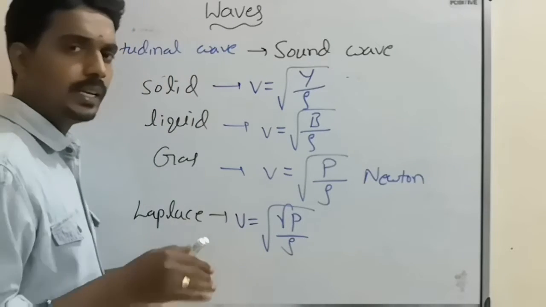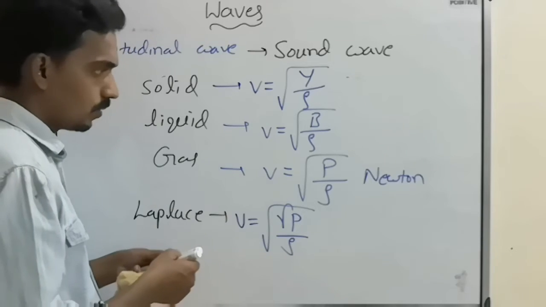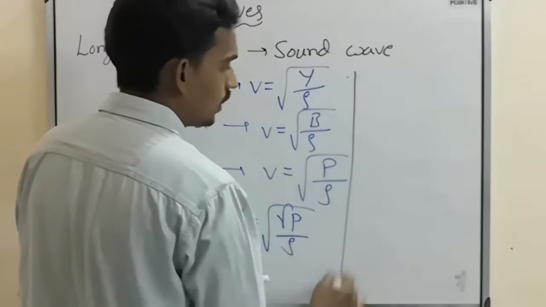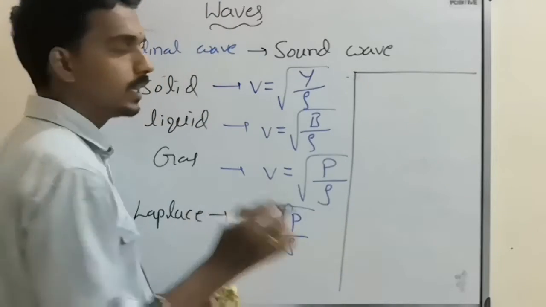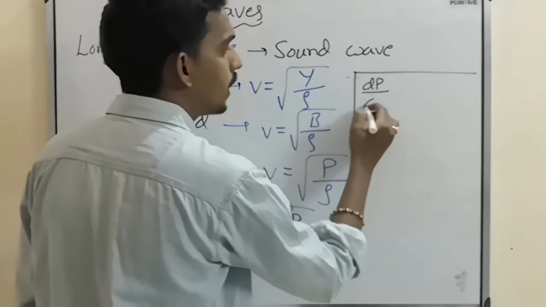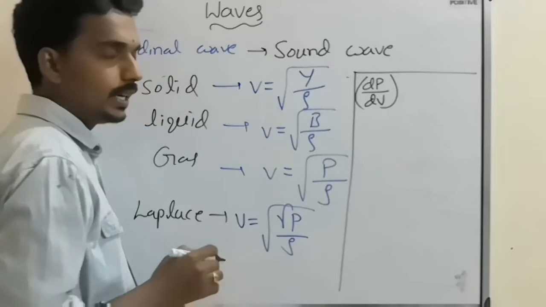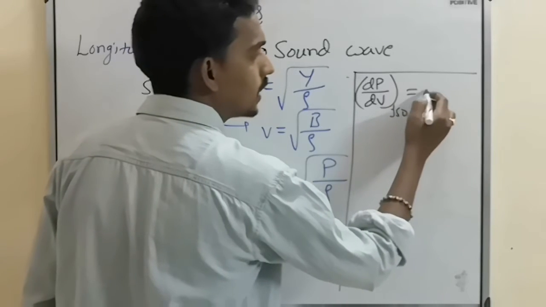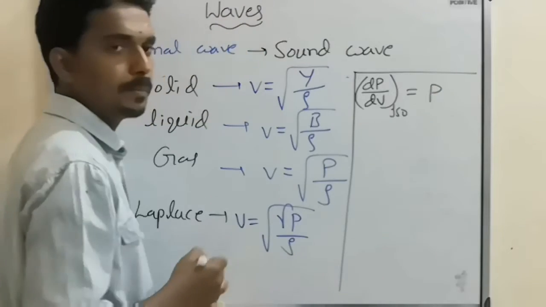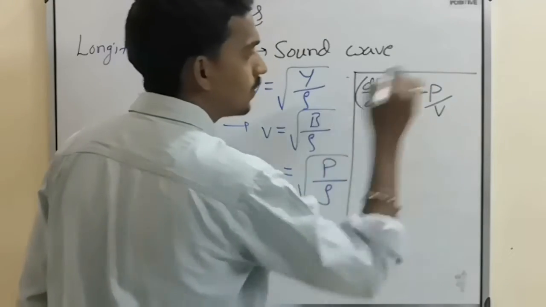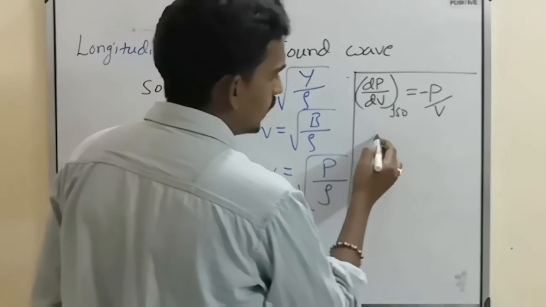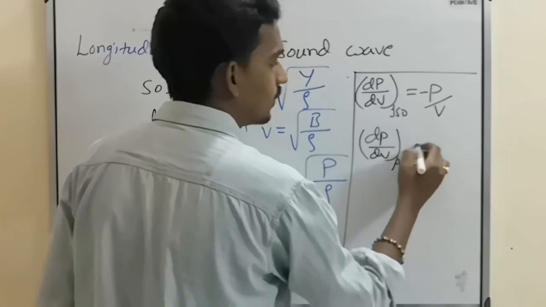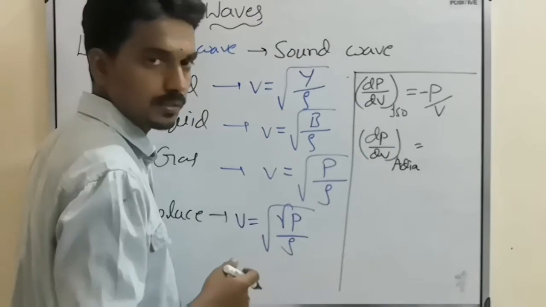Like we have studied in thermodynamics, I will remind you the formula: slope of the PV graph, that is dP by dV. dP by dV for the isothermal process is minus P by V, and dP by dV for the adiabatic process we have already studied. Please revise once.